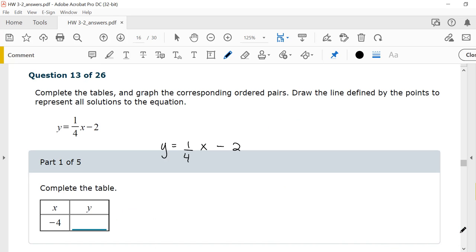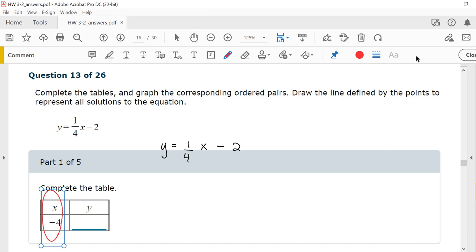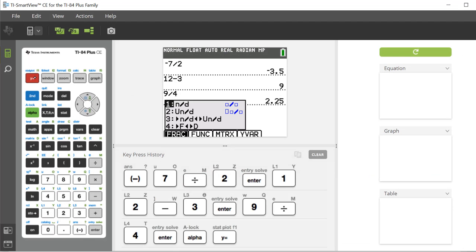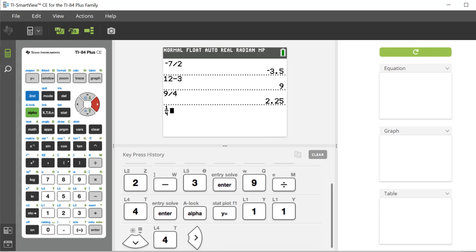Number 13, y equals 1/4 x minus 2. If I plug in -4 for x, y equals 1/4 times -4 minus 2. If you don't like doing that arithmetic, your calculator can do it. You would type in, remember how to get the fraction? 1/4 and then parenthesis -4.